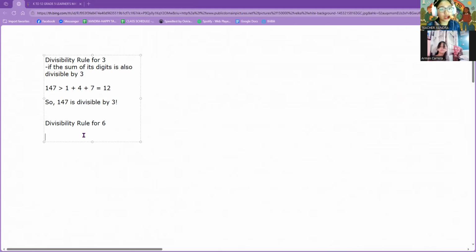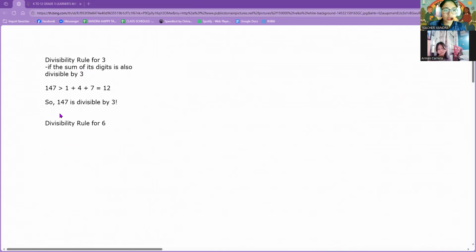Divisibility by 2 means the number ends in an even digit, or 0, 2, 4, 6, or 8. And for 3, divisible by 3 means that the sum of its digits is divisible by 3, just like what we did here.